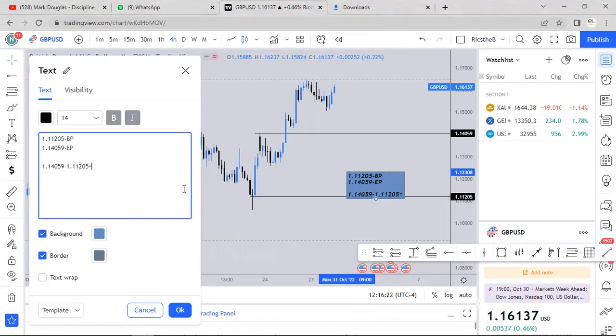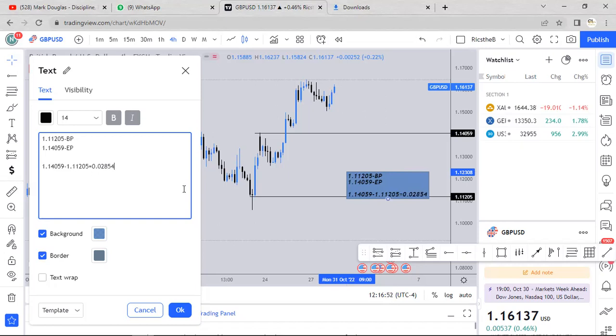Then let's see what the answer is. I'm going to use a calculator: 1.14059 minus 1.11205, and the answer is 0.02854.